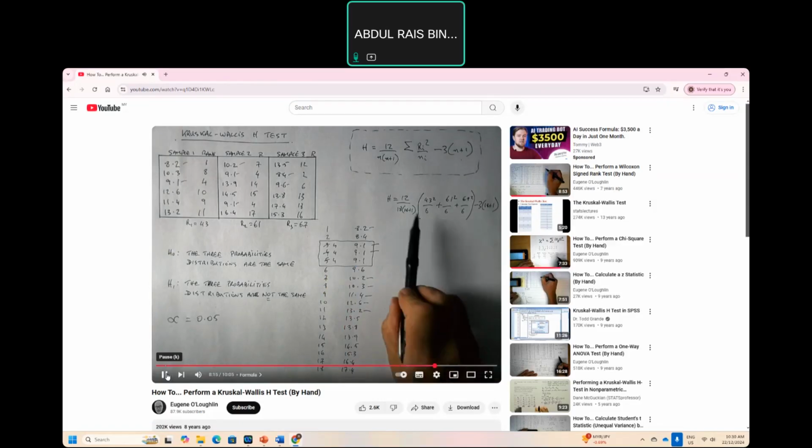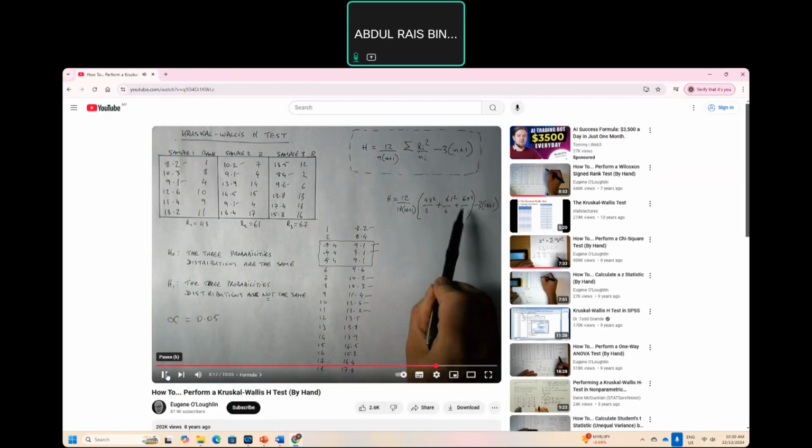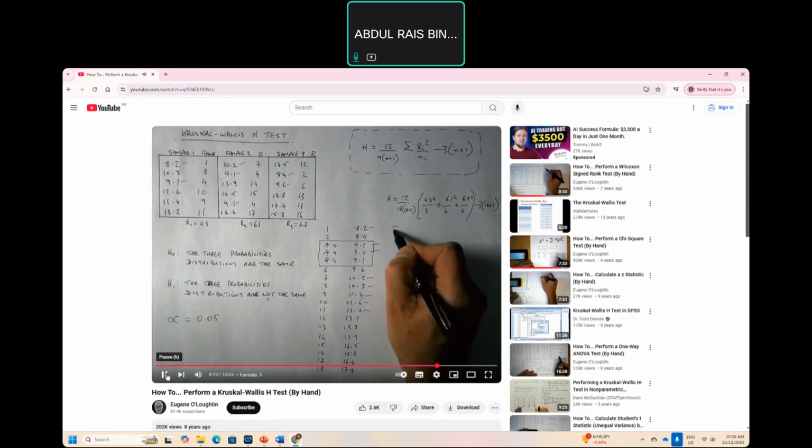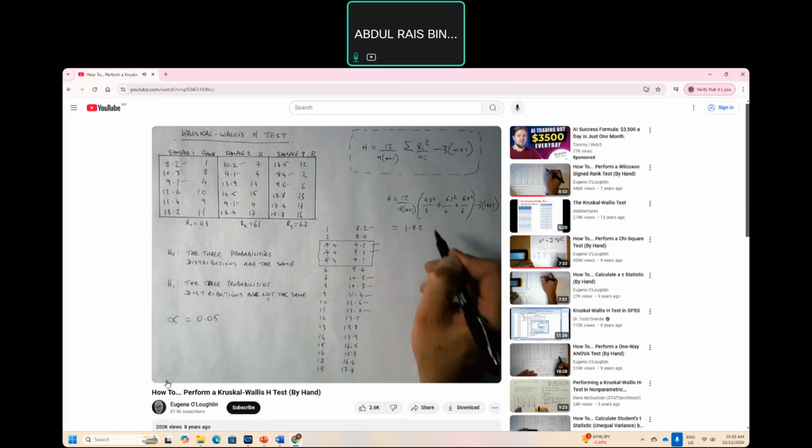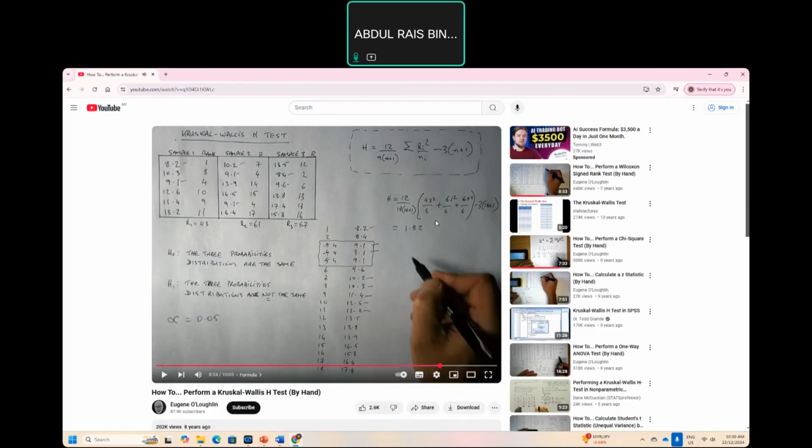Okay, so follow back through there if you're not sure where each of these values came from. And when I work all of that out, I get a result of 1.82. So based on this formulation, having put in the relevant values, we get an H value of 1.82.